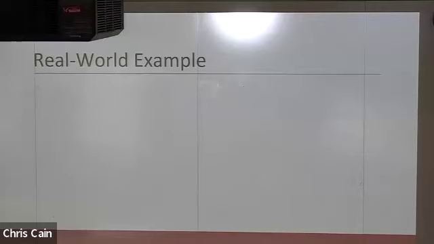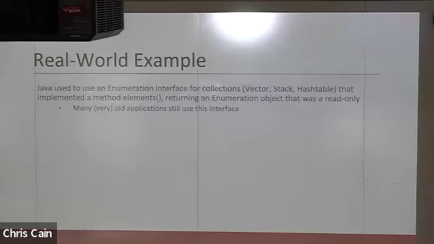So let's see an actual real world example of an adapter and how that comes to be and what use it can be. Back before collections were actually called collections, they implemented an enumeration interface instead of the modern collections interface. So the old collections, vector, stack, and hashtable, all of which have been deprecated.